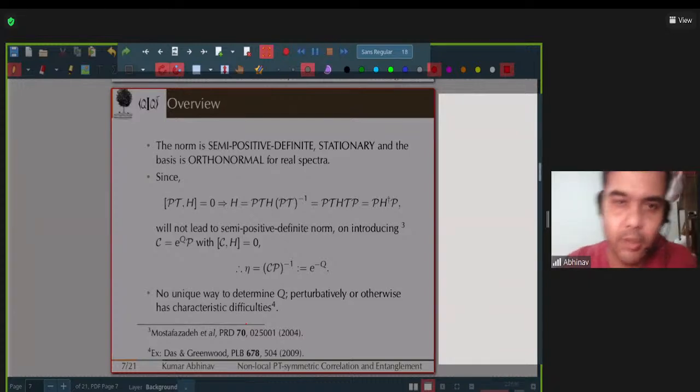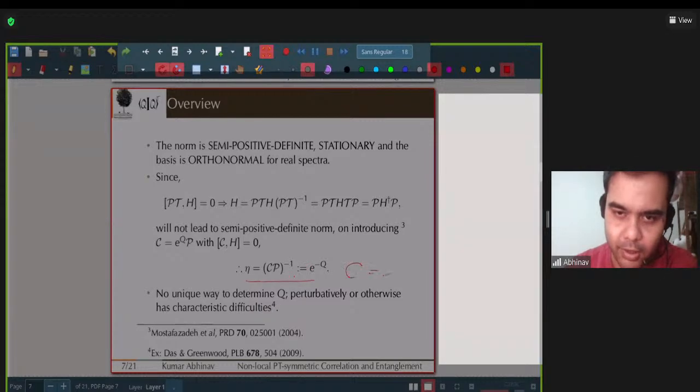So the norm is semi-positive definite, stationary, and it is also orthonormal, and we get real spectra, so we are happy with it. And for a PT symmetric system, if you try to construct a pseudo-Hermitian structure out of it, we end up with an expression where the norm operator turns out to be the inverse of CP, that is (CP)^-1.